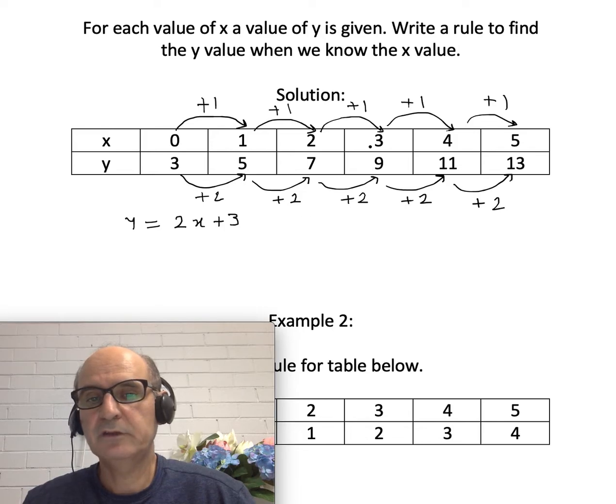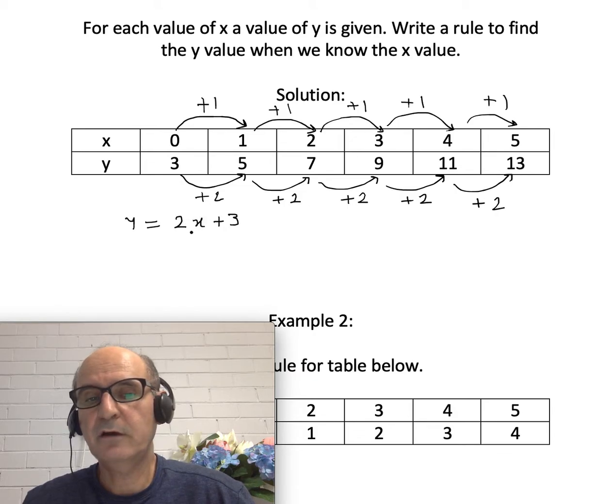Let's check these values, for example. When x is 3, I should get 9 for y. Let's see if the rule does this for us. So this rule tells us y equal to whatever x is times 2 plus 3. So my x is 3. So I'm putting 3 here.